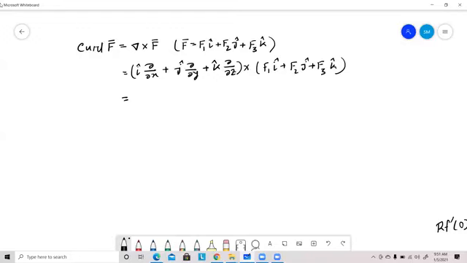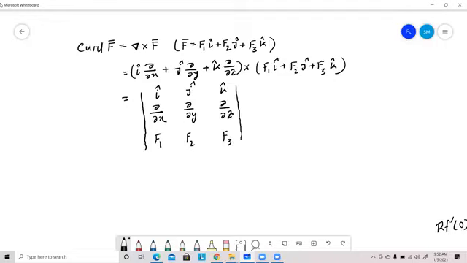Since curl of f is also a cross product, we can evaluate it through the determinant: i, j, k, then the elements from del, which are del by del x, del by del y, del by del z, and from the vector f, the components along the three directions, f1, f2, and f3.